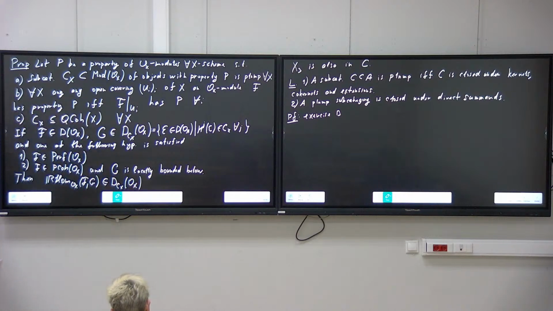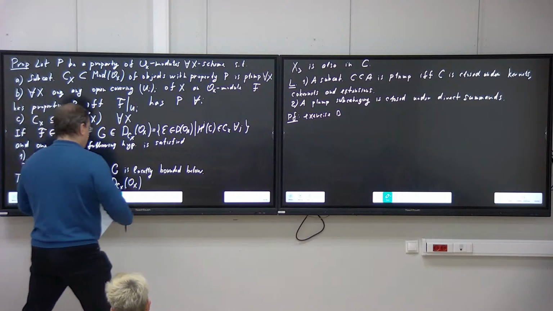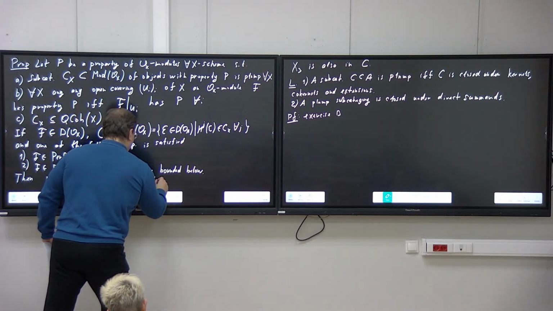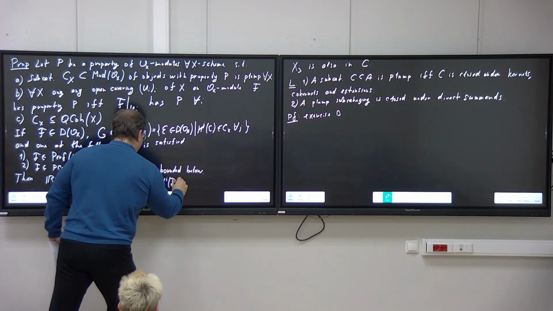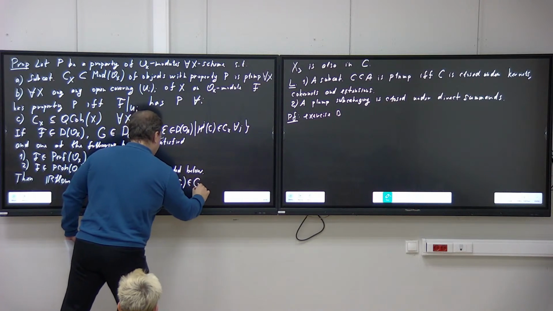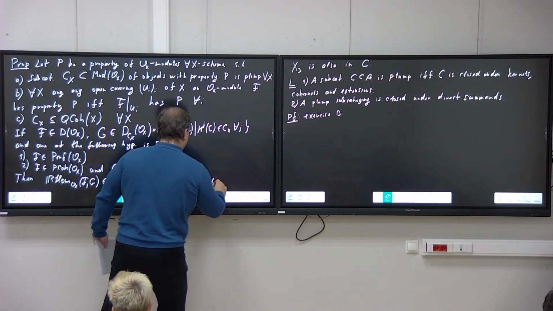So in other words, the local Ext, if you compute between such two objects, is again an object in the Cx. Another way to formulate this is that the Ext I between F and G is in the Cx for any I.